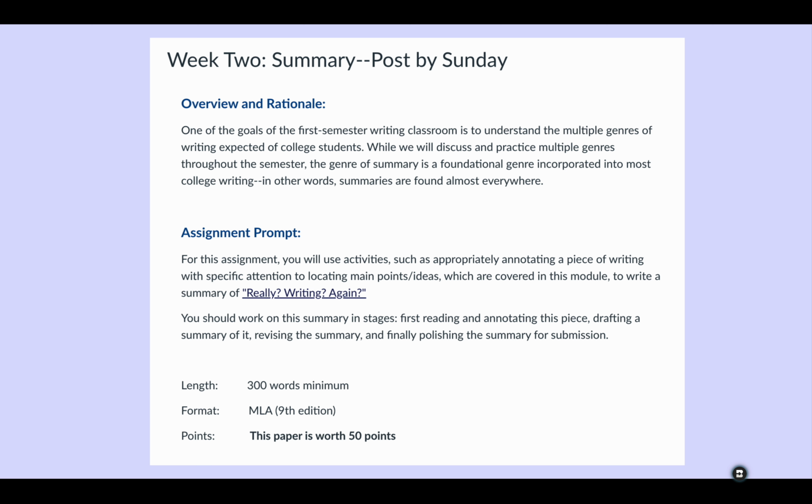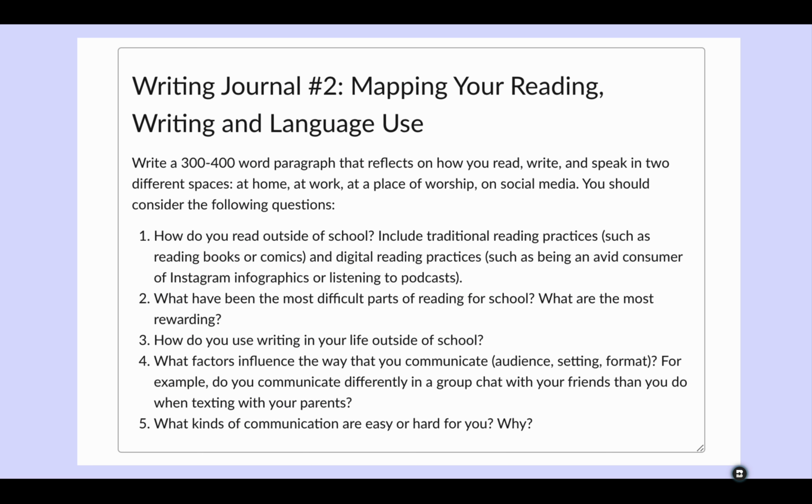Your assignment is to write a 300-word minimum summary of this. Now, you want to follow the criteria for a summary. Remember, this is a condensed version of what you have just read. All right, you also have a writing journal for this week.